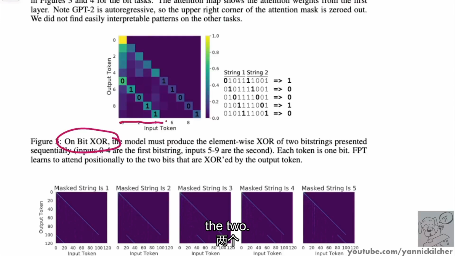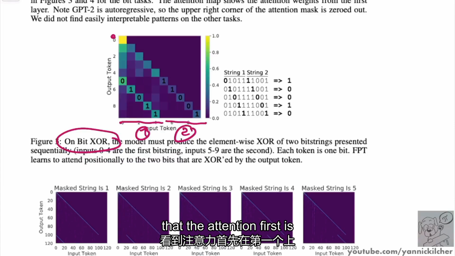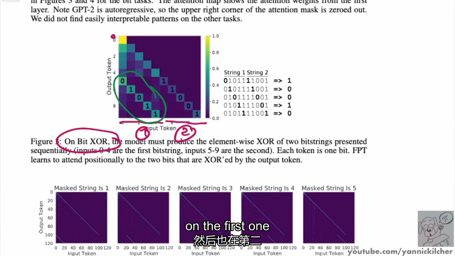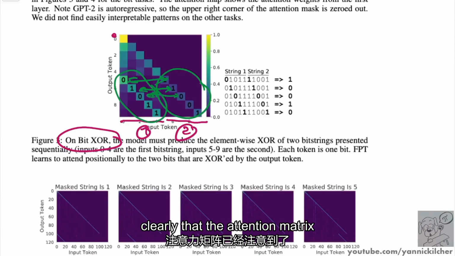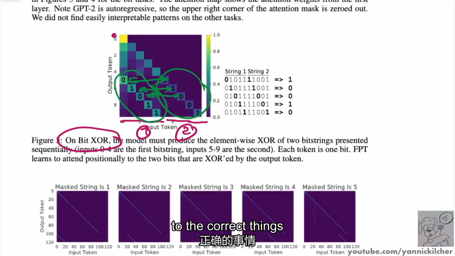Here are string number 1 and string number 2, and in the output you need to compute the XOR. You can see that the attention is first on the first one, and then also on the second one. In the output, it always looks at the corresponding position. So here you can see clearly that the attention matrix already attends to the correct things for the task, which is cool because we've never trained the attention, right?